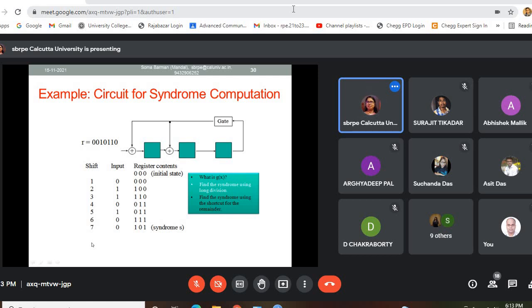That means there is an error at the 5th bit position. You are receiving 1 here, and the syndrome is non-zero, that is 101, which is the 5th bit position. You just flip it and correct your received code word. Clear this thing?